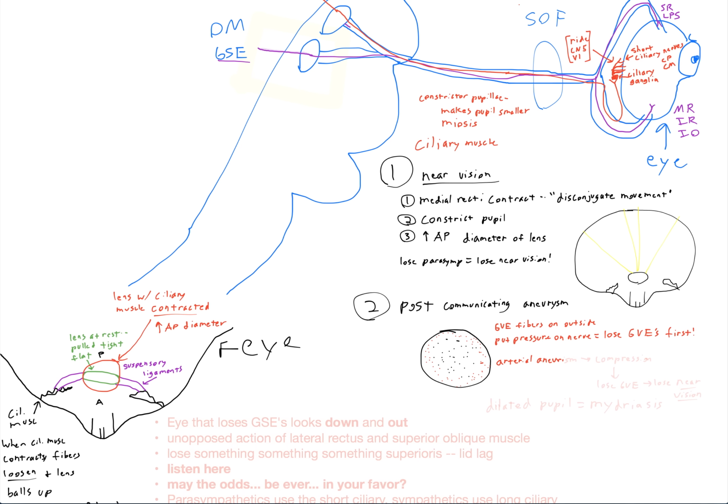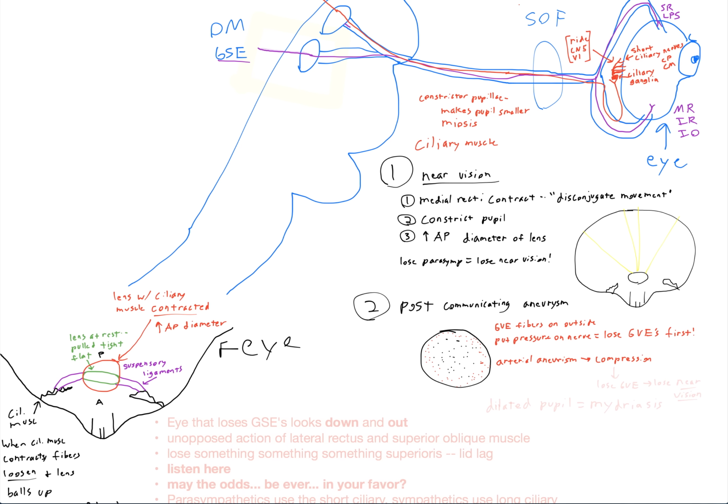So they can't do what? So they've lost near vision, and if you've lost your constrictor pupillae, then you have unopposed action of what? The sympathetics, your dilator pupillae. Okay?